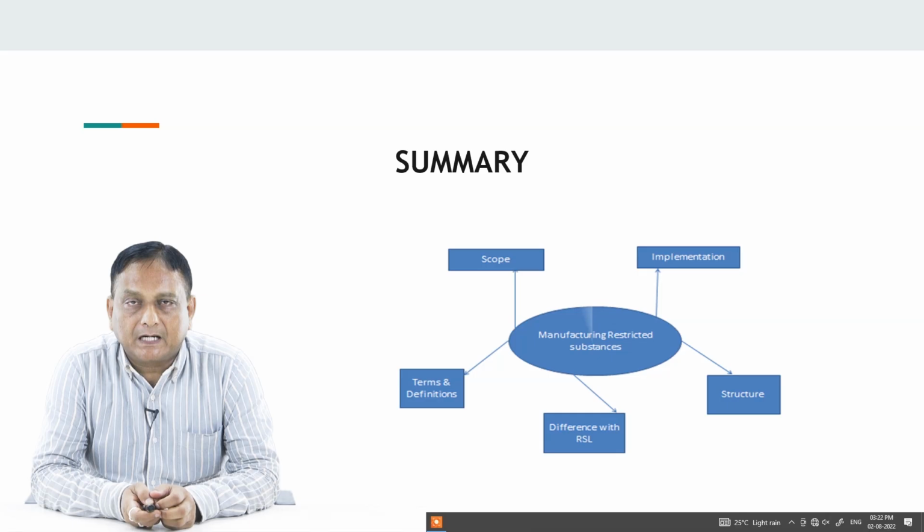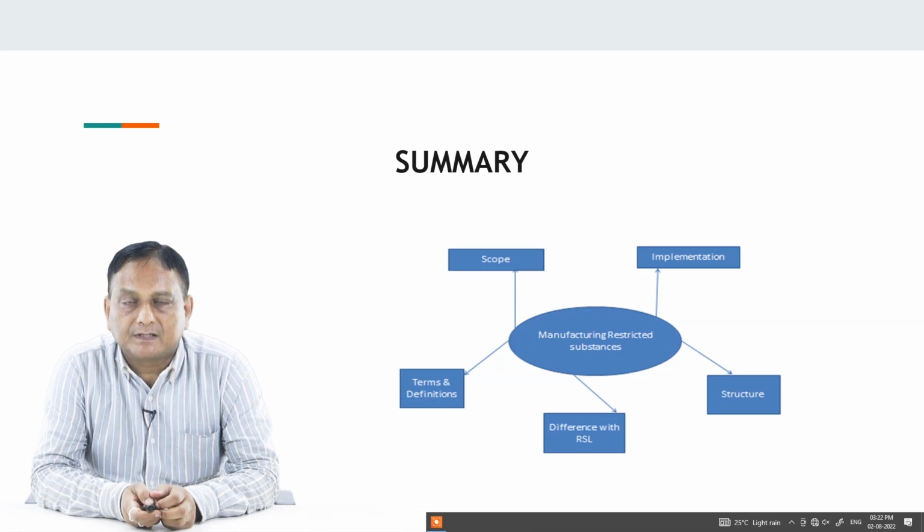Now, the summary of this is that for the manufacturing restricted substances list, we have seen the scope of it, different terms and definitions. We have also seen how it differs from RSL and how different kinds of documents are to be prepared for this.